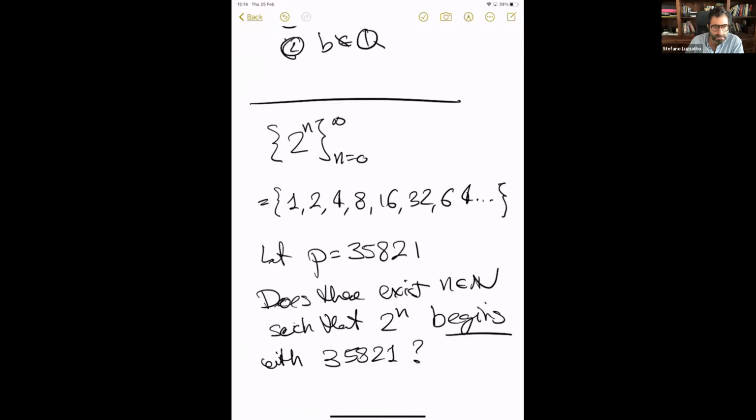If there is, can I do this for any number? So you give me any number you want. Does there exist some n such that 2 to the n begins with this number?